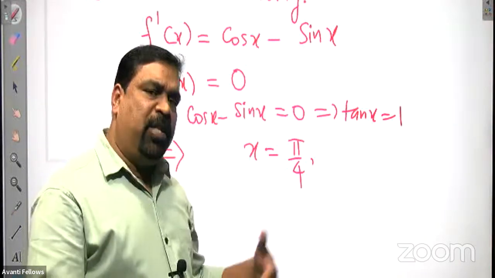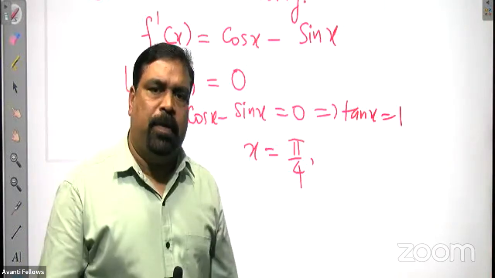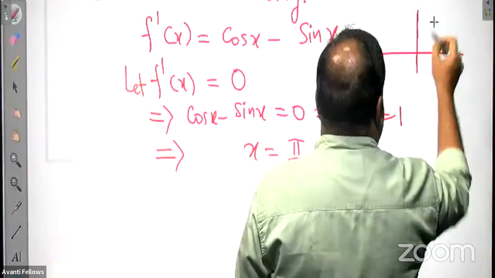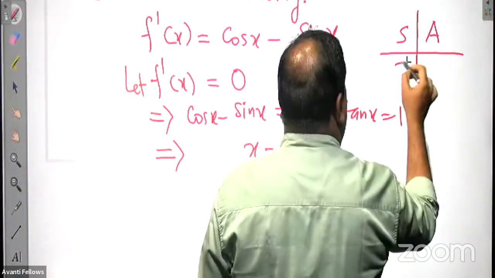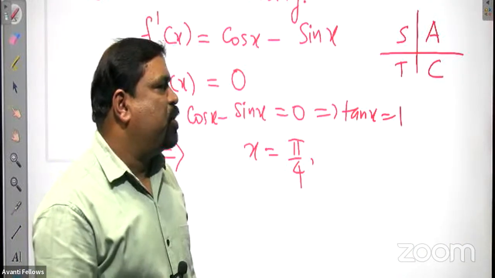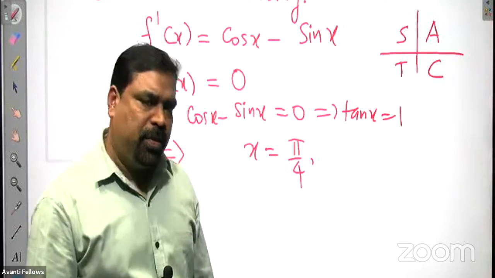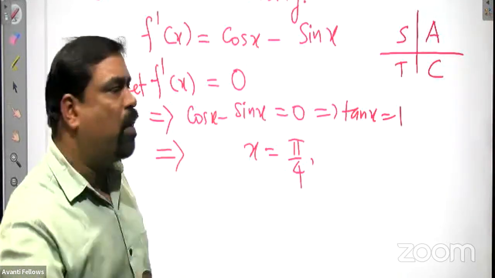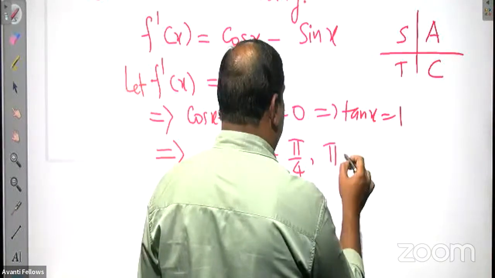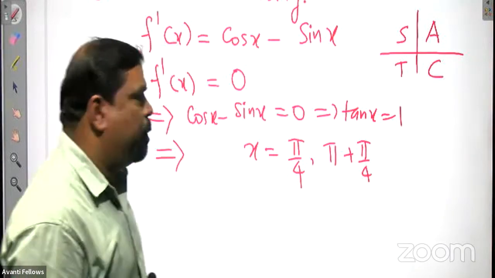Now, where is tan positive again? From ASTC, the first quadrant is positive, and tan is positive again in the third quadrant. So there is one value in the third quadrant, and that value will be pi plus pi by 4.